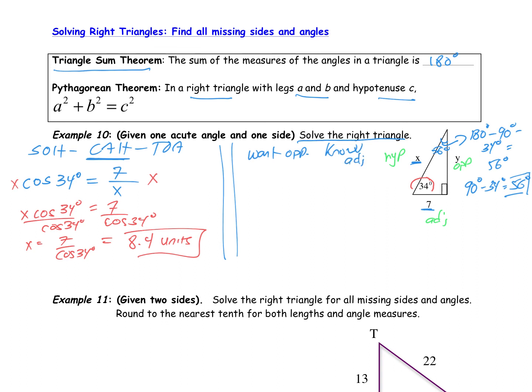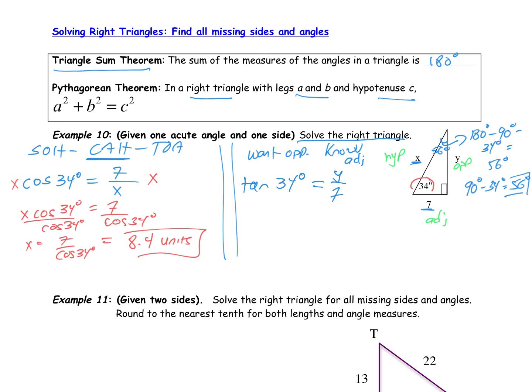The trig ratio that relates the length of the opposite side to that of the adjacent is tangent. So tangent of 34 degrees is the length of the opposite side, which is y, over the length of the adjacent side, which is 7.